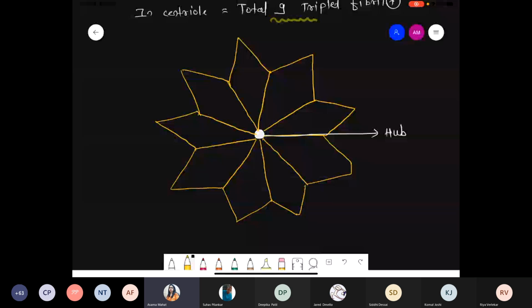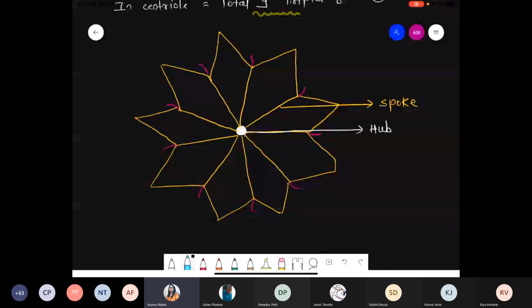Now here, inside the notch, again there is a protein supportive structure, because the entire structure is proteinaceous. Now we are talking about the triplet fibril, which is arranged like this. So just see A, B, C. Similarly, A, B, C.